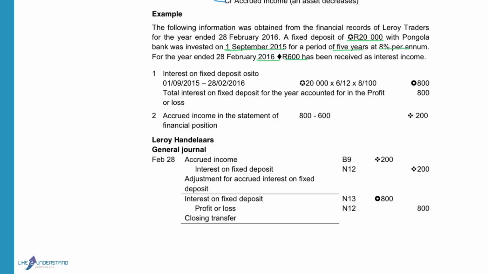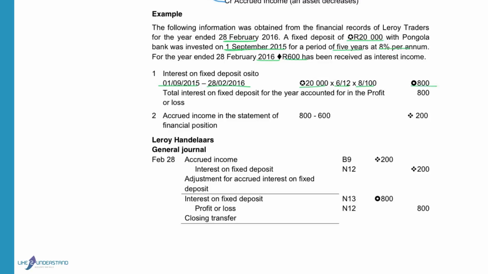The investment was on the 1st of September, so the interest will be earned from the 1st of September up to the end of the financial year, 28 February, on 20,000 Rand. This is only for 6 months at 8%, so the amount that we are supposed to receive is 800 Rand.